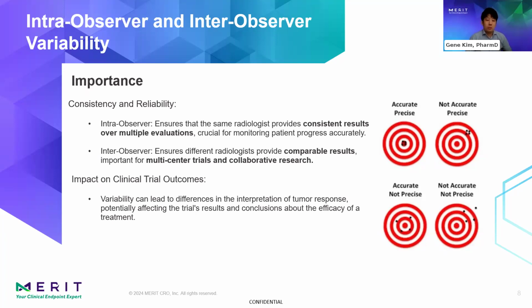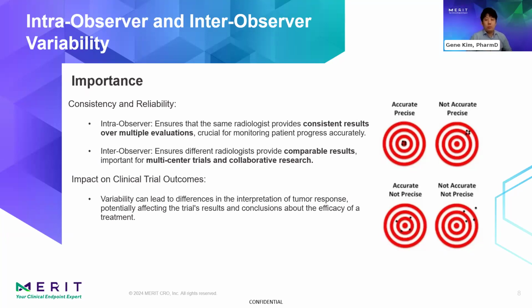Also, in terms of inter-observer variability, there are a lot of multi-center trials and collaborative research with a large number of subjects and time points, which need multiple radiologists or readers in one study. All the readers working across the study have to provide comparable, best-quality results, whoever reads the images within that study.